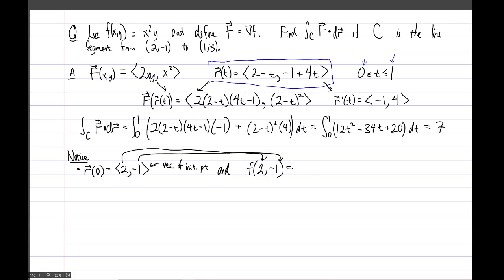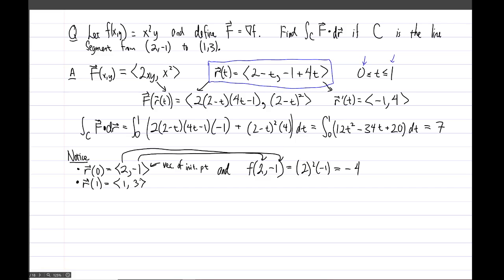And you just evaluate what you get. So x squared y, so 2 squared times negative 1, you get here negative 4. Then let's do the same thing using t equals this other value, 1. It just seems like a random computation, but you'll see where this is headed. So if t is 1, 2 minus 1 is 1, and then negative 1 plus 4 times 1, so 4 minus 1 is 3.